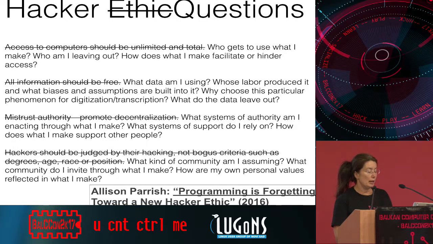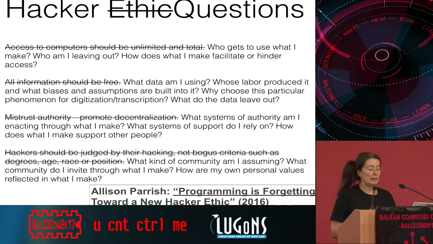Alison Parrish gave this talk called Toward a New Hacker Ethic, and her proposal is not to come up with a code of 5 points, but to come up with a lot of questions that are going to help you decide, is your work actually conforming to your own values?